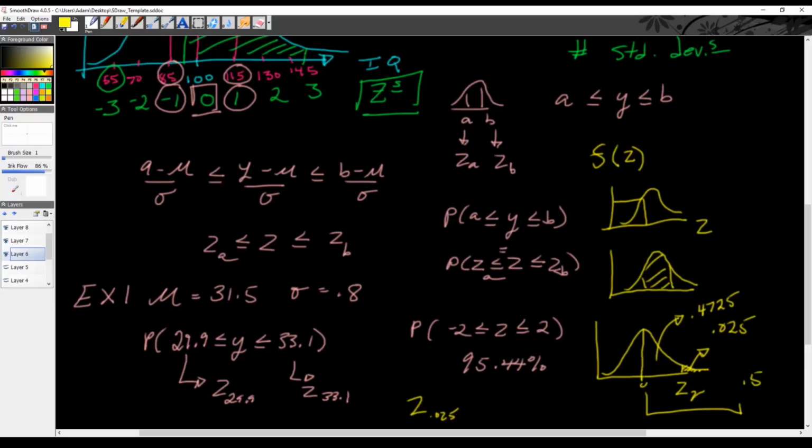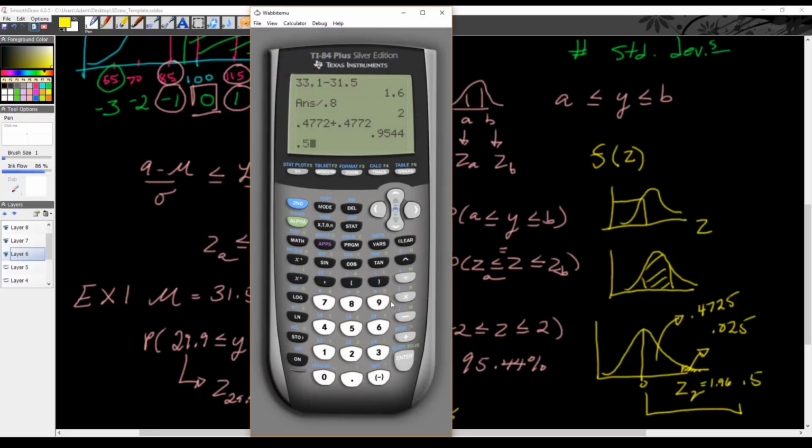The cumulative area under the curve between 0 and 1.96 is 0.4750.